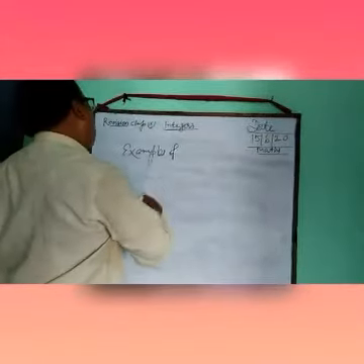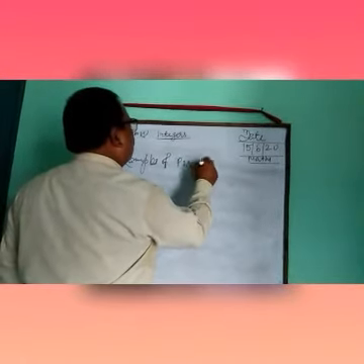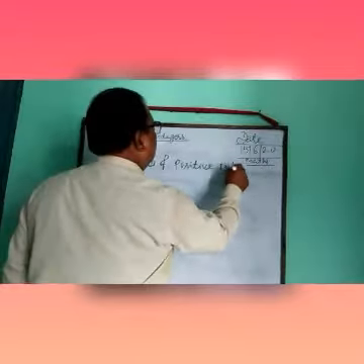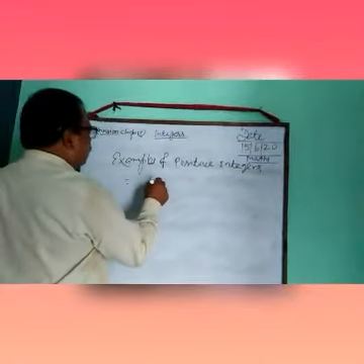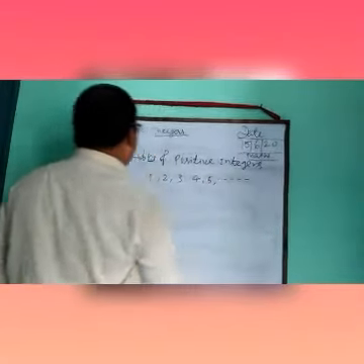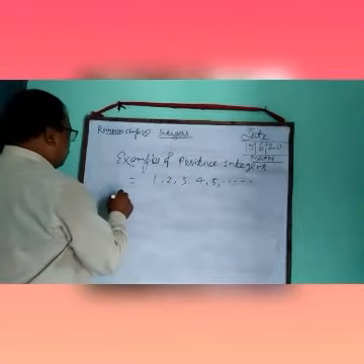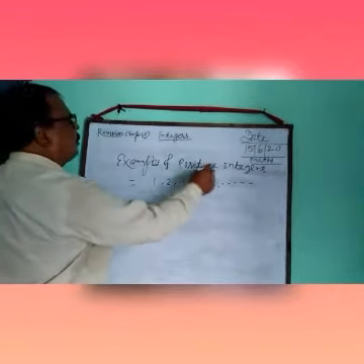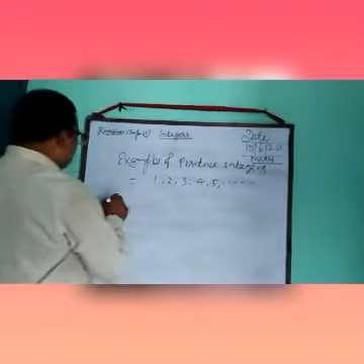Example of positive integers: 1, 2, 3, 4, 5, and so on.